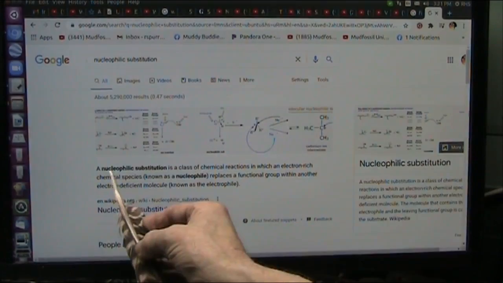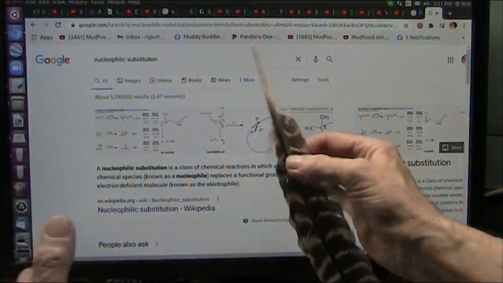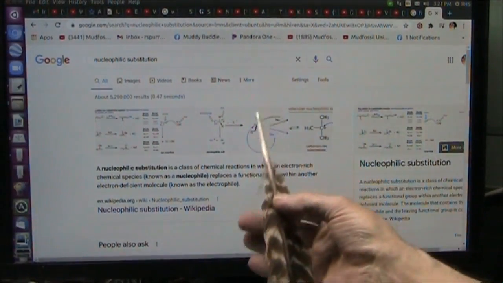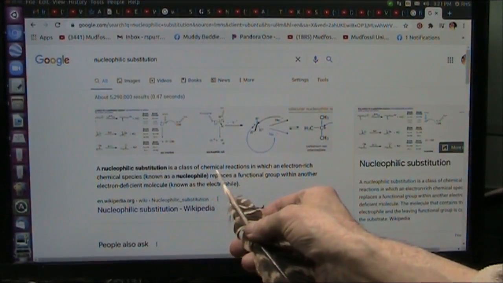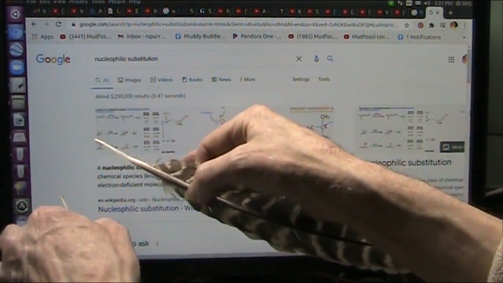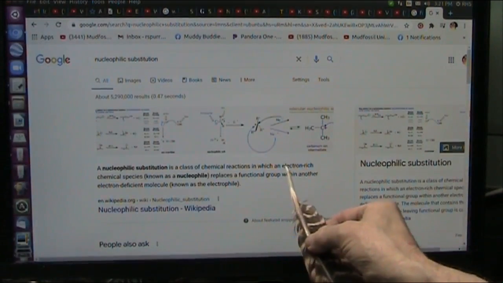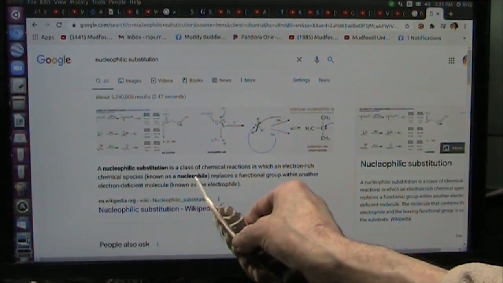A nucleophilic substitution is where you have fleshy stuff and it turns into stone. Well, how does that happen? The substitution happens, and it's a class of chemical reactions. Something invades the tissue in which an electron-rich chemical species is the nucleophile.